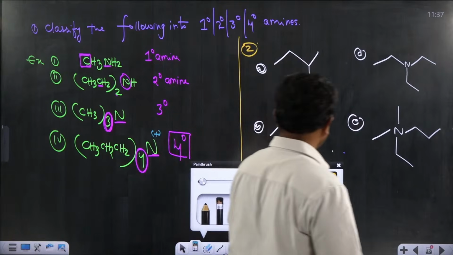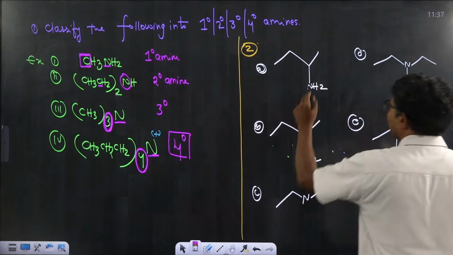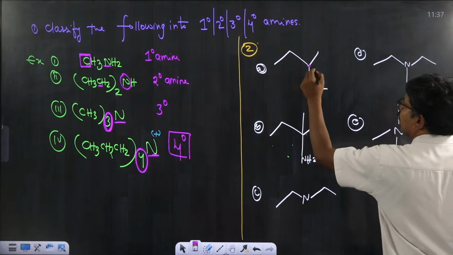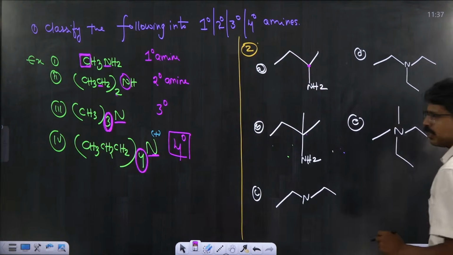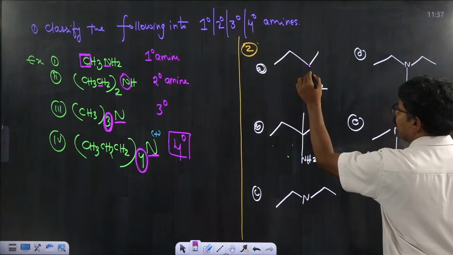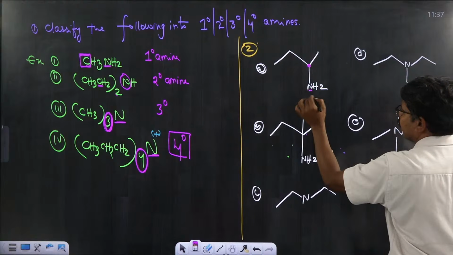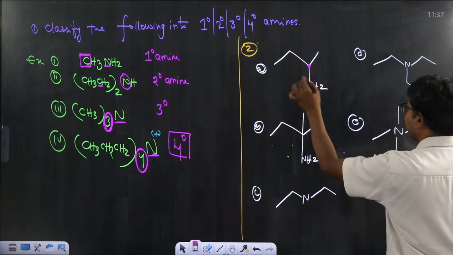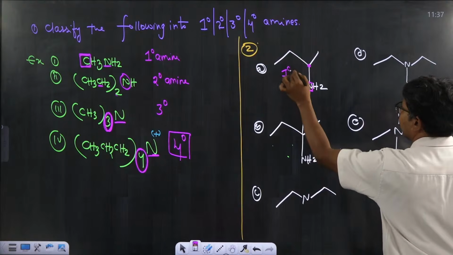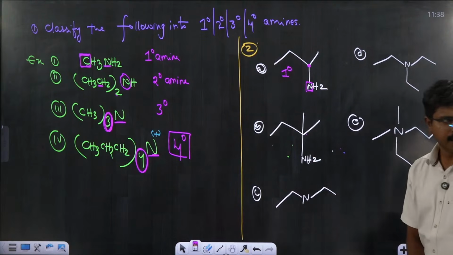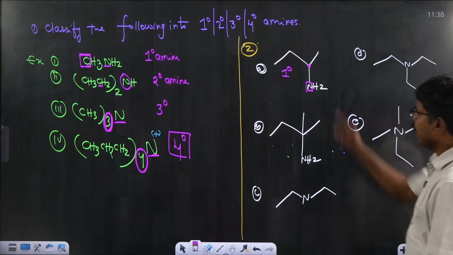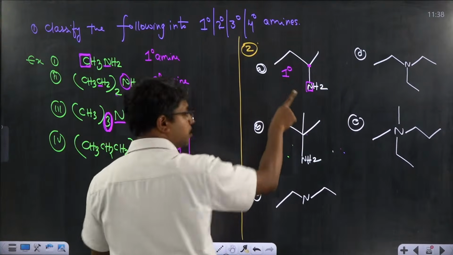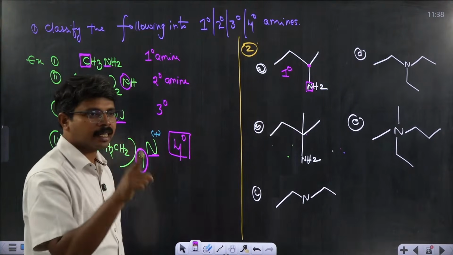So here, how many carbons are in direct contact with nitrogen? It is only one carbon. Hence this amine is a primary amine. Students, I noticed some students are writing it as secondary.